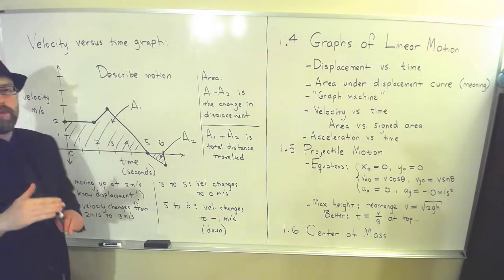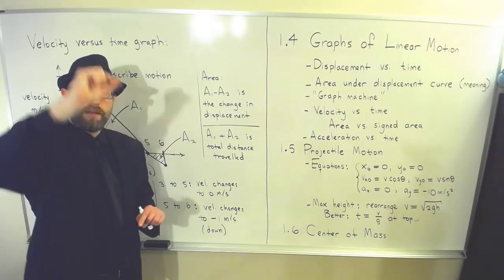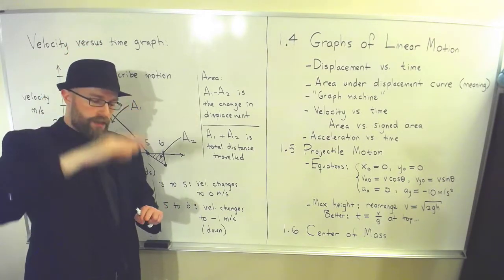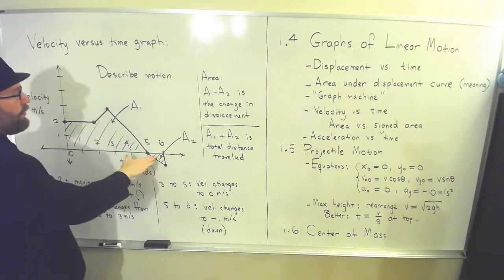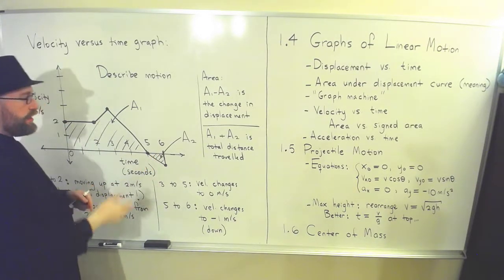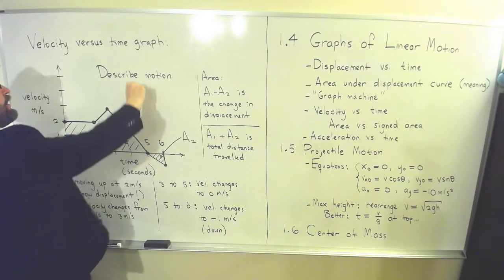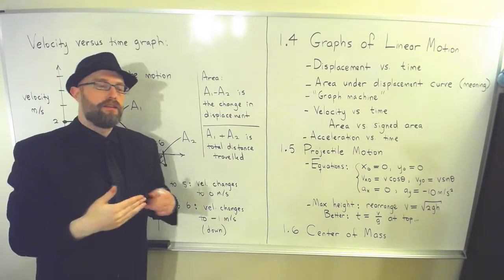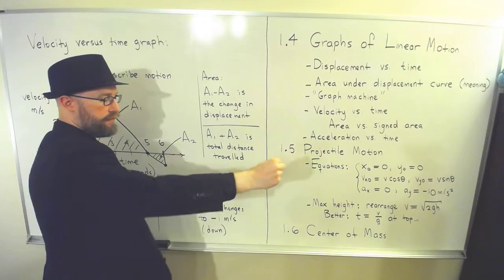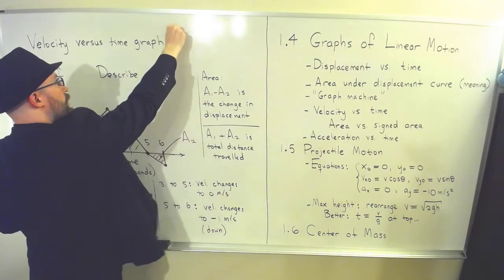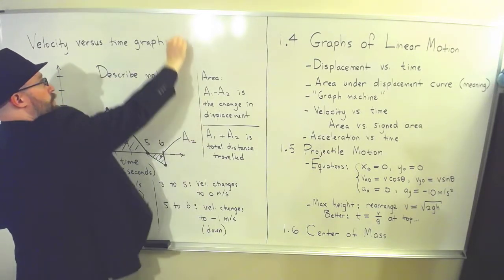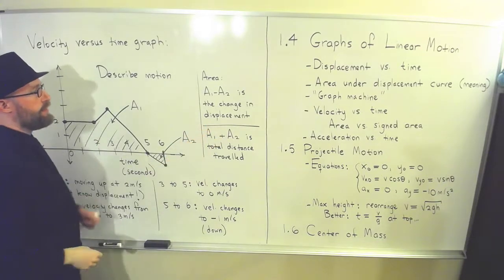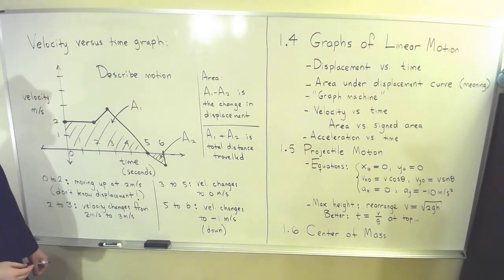So the total displacement's not going to be quite as far because it moves back down a little bit to where it started. Whereas the total distance, if you were thinking about a little beetle walking along that path, is a little bit further because it travels part of that distance twice. It goes all the way up and then comes part of the way back. And so when you add those two distances together, you get something that's a little bit bigger.